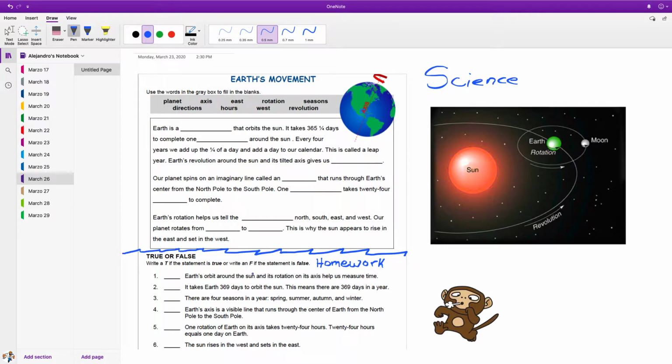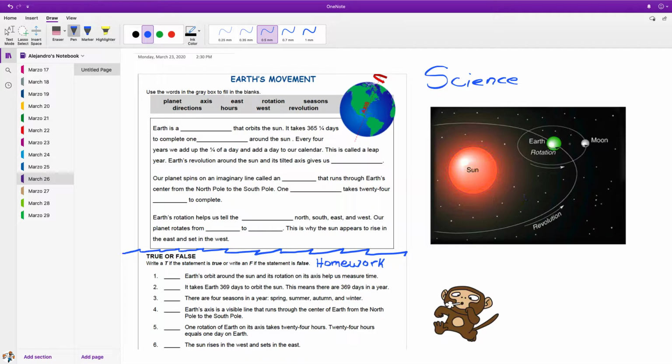Here on the right I have an illustration because I don't want you to confuse the terminology that we use in science, especially when we talk about planets and the universe. The Earth is this green sphere right here. When the Earth is going around the sun, we call that revolution. It takes 365 days to make one full revolution.